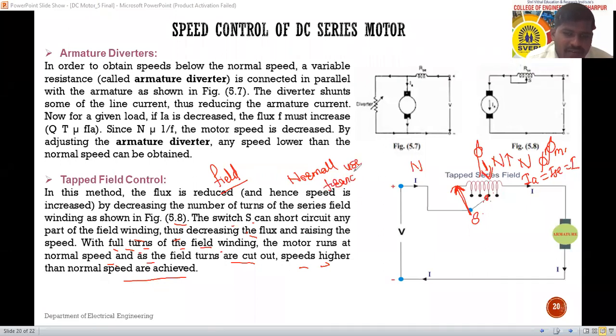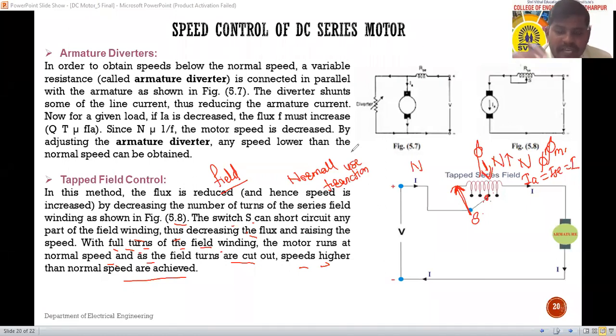Traction system means railways, because by gradually varying the number of turns, the speed of that motor, that is the DC series motor, is preferred in the traction system.